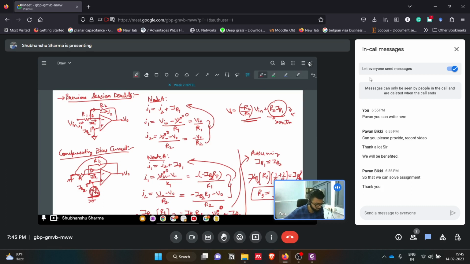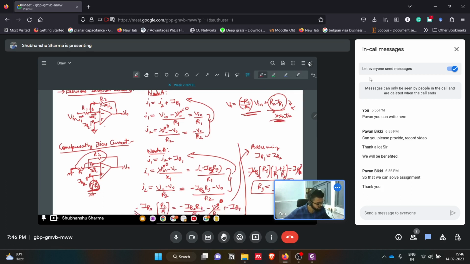So we had this op-amp configuration. IB1, IB2 was there. We gave the input voltage, and then we came to know that this thing was extra, R2 IB1. So we have to remove this, because this is the actual output voltage which we needed.